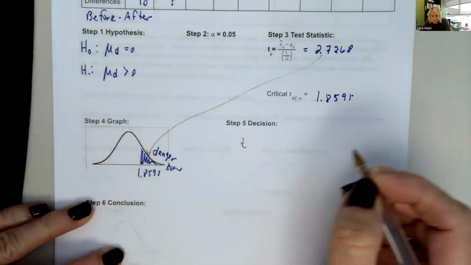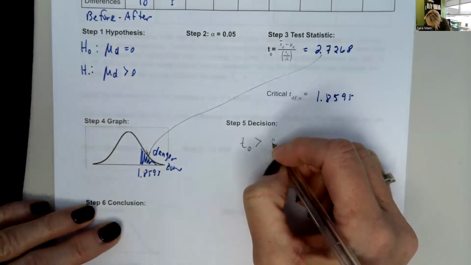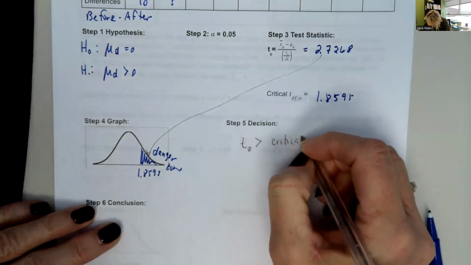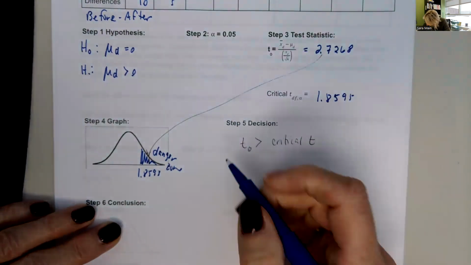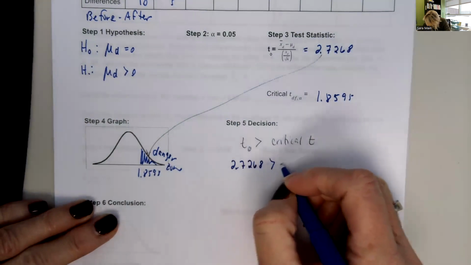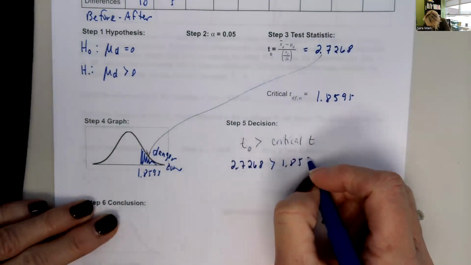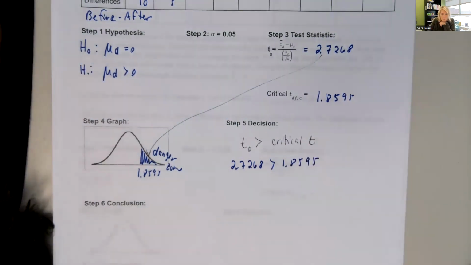The T0, so our test statistic, is greater than the critical T. 2.7268 is greater than 1.8595. And so I'm going to go back to my program.